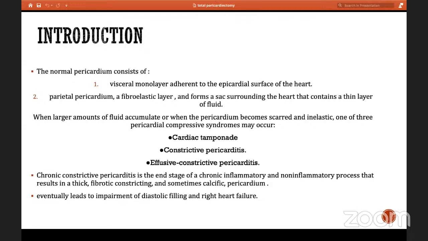Chronic constrictive pericarditis is the end stage of a chronic inflammatory or non-inflammatory process that results in a thick, fibrotic, constricting, and sometimes calcific pericardium. Eventually, this process leads to impairment of diastolic filling of the right heart, causing right heart failure.